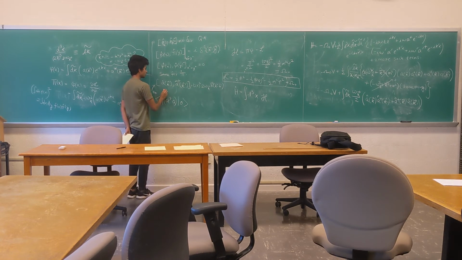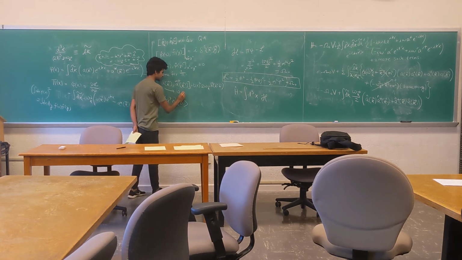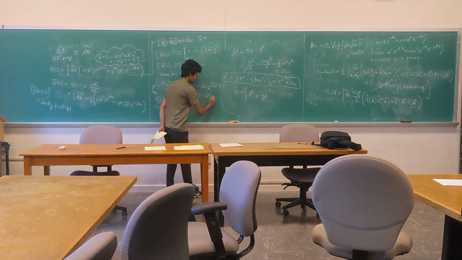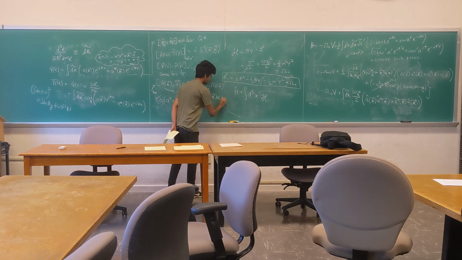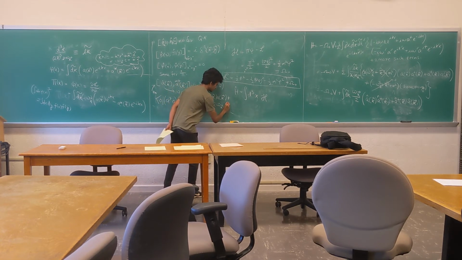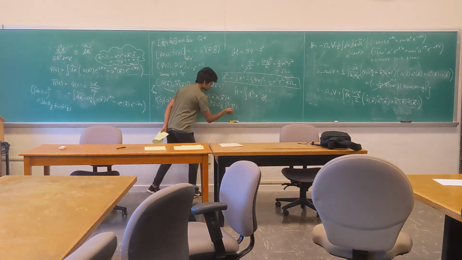So using this, I can say that A dagger K is equal to A dagger K plus 2 pi q to omega K delta 3 of 0.